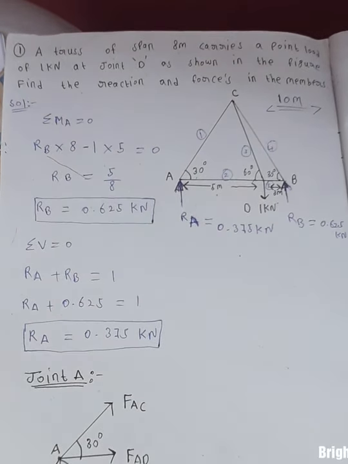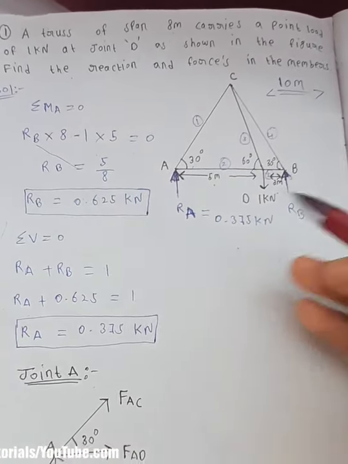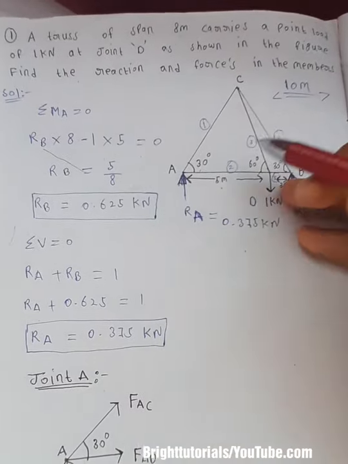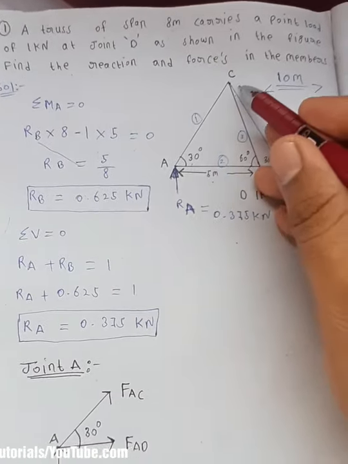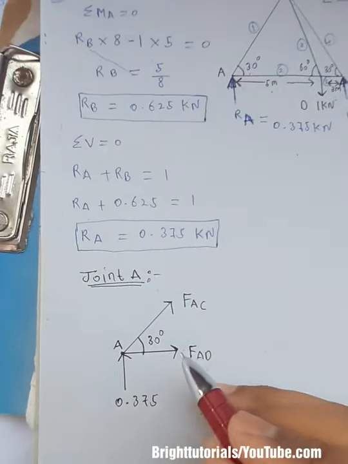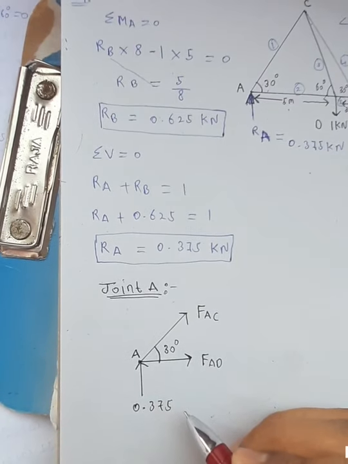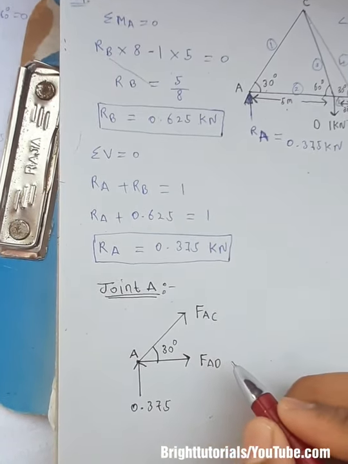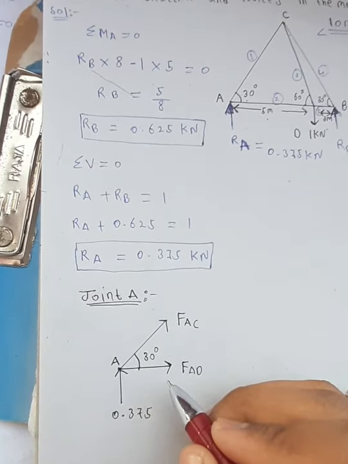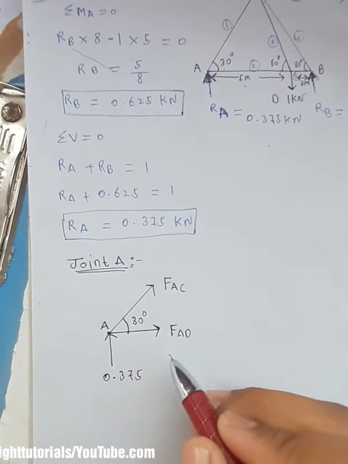For example, see here at joint A, the value of RA we have recently found, 0.375. So the only unknown forces are FAC and FAD. The angle between them is 30 degrees. So we have to find FAC and FAD.